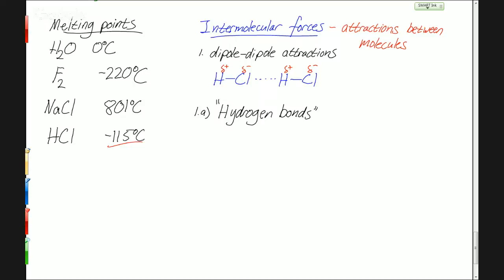The reason it's terrible, not that it's offensive or anything, but it's confusing. Hydrogen bonds makes it sound like it has something to do with hydrogen bonding to something, but that's actually not what it's talking about. It's an intermolecular force, and it's the dipole interactions that you get with NH, OH, or FH bonds.